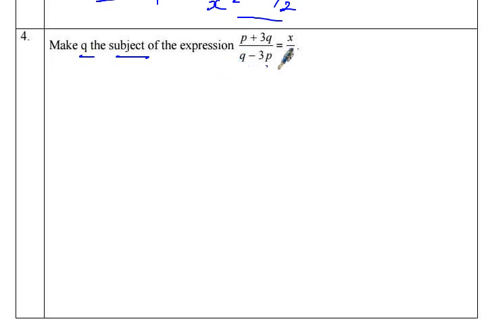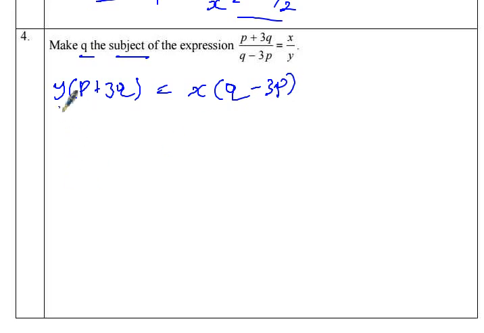So how can I bring them together given that I have fractions on both sides of the equation? The first thing to do is to cross multiply. So I can cross multiply so that I write y into p plus 3q is equal to, the other side I have x into q minus 3p.